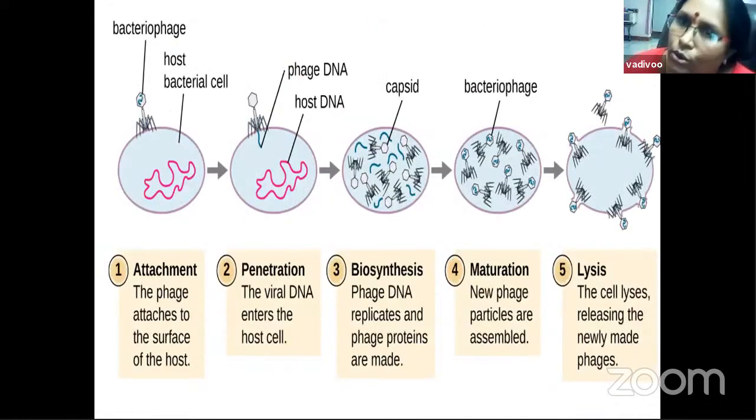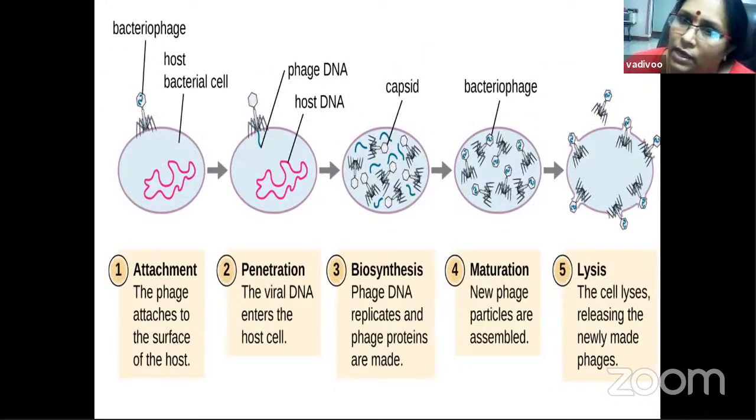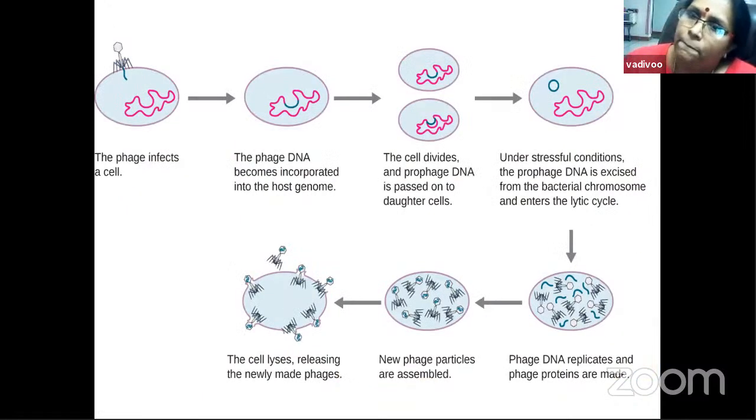These are again pictorial demonstrations of the lytic cycle and the lysogenic cycle, which I have explained. In the lytic cycle, the progeny viruses are released by rupture of the bacteria. In the lysogenic cycle, the phage integrates, and it separates only under stressful conditions.